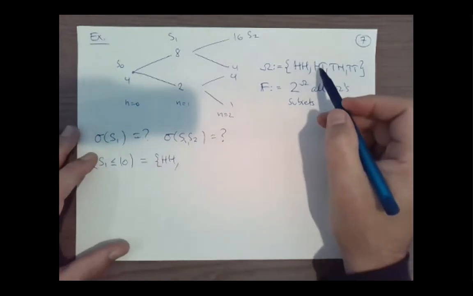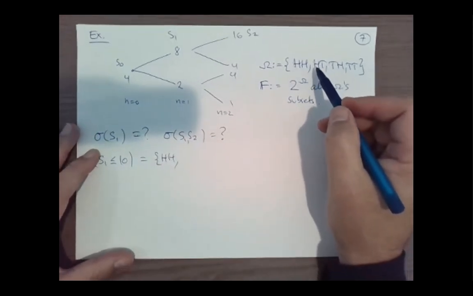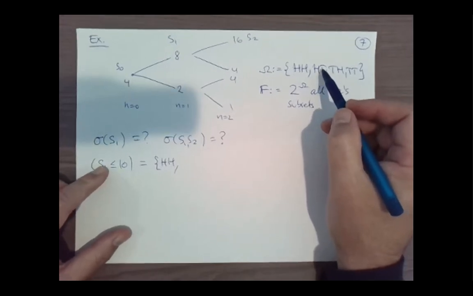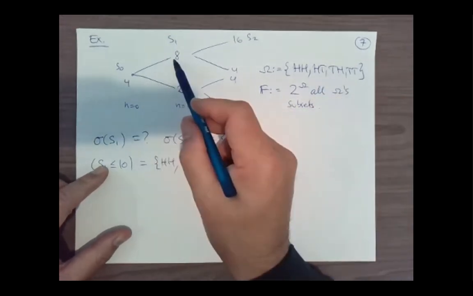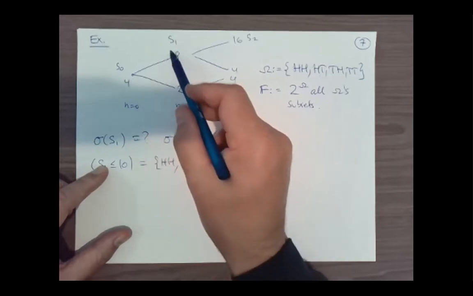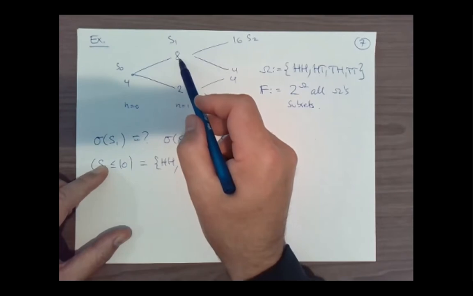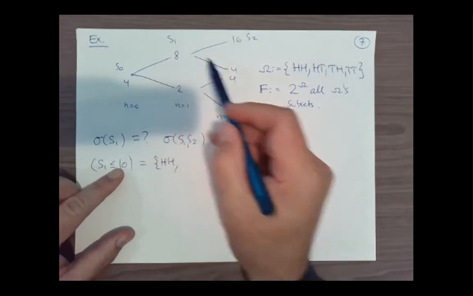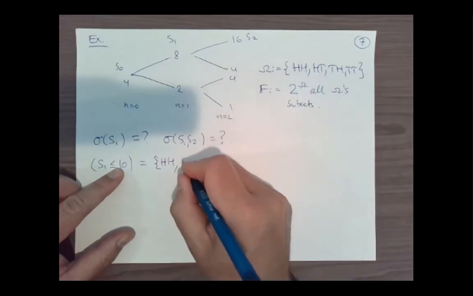What happens if I do HT? If I plug it into S1, what is S1 of HT? It's heads and then tails, but I'm only interested in the value it has here, so that's 8 again. 8 is less than 10, so HT is in here.